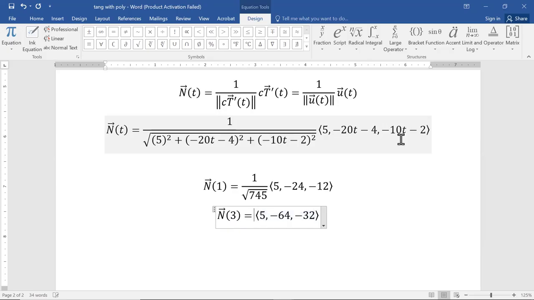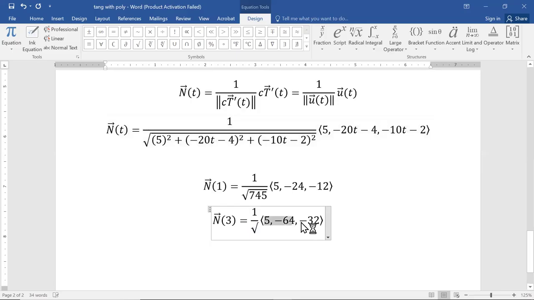And then if I want to make that into a unit vector, I once again just take the magnitude. Again, I like using the magnitude from here instead of trying to deal with this formula. But 5 squared plus -64 squared plus 32 squared gives me 5,145.